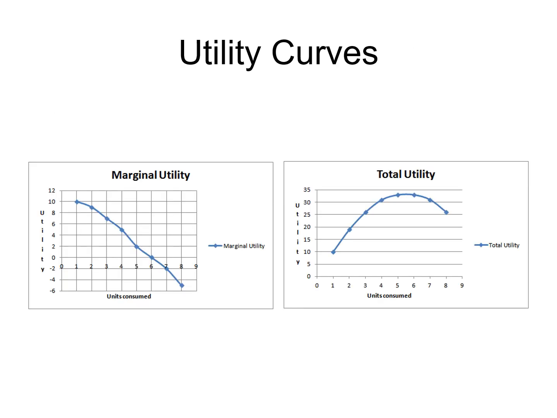Now we look at the utility curves, and notice what we've said here. Here's marginal utility. It models that idea of diminishing marginal utility. The first unit yields us 10, the second unit yields us 9, the third unit yields us 7, the fourth unit yields us 5.